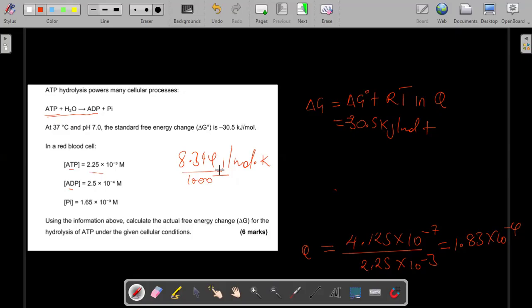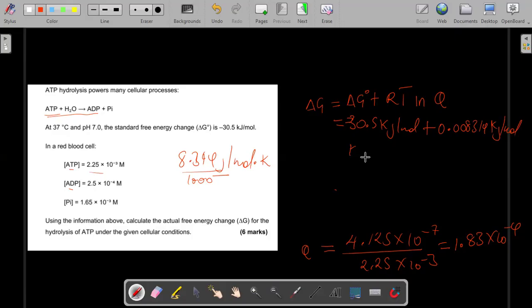So for me to convert joules to kilojoules, I need to divide by 1,000. Meaning the rate constant that I'm going to have: I've divided 8.314 by 1,000, and I'm getting 0.008314. Now this is in kilojoules per mole Kelvin.